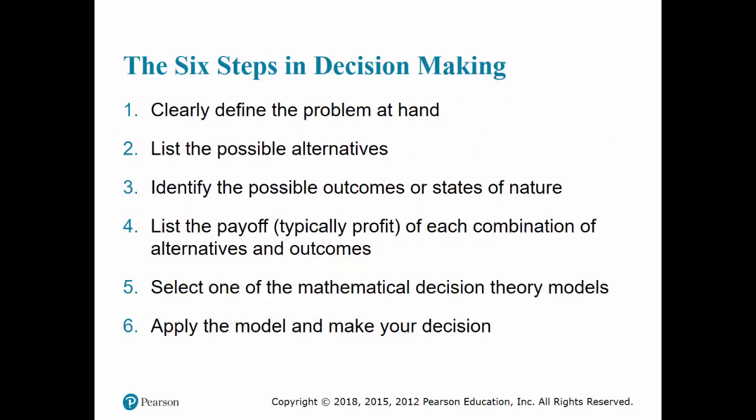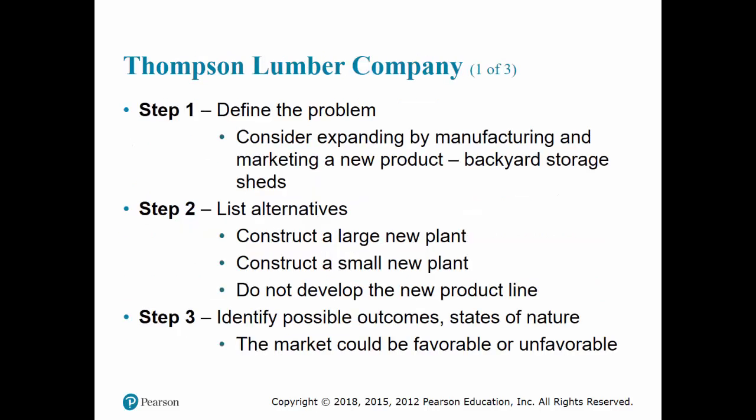So let's start with the 6-step decision making process, and let's go ahead and look at an example here instead of just reading the 6 steps. The first one is defining the problem. Here we have a company, Thompson Lumber Company.